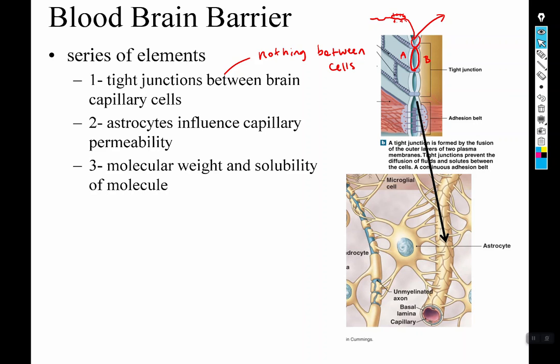Astrocytes also influence capillary permeability. So you can see that their little feet are wrapping around this capillary, and then the feet are joined to each other with tight junctions. And so astrocytes permit things to enter and exit the blood via a process called transcytosis, where if we have, here's an astrocyte foot, here is the cerebrospinal fluid, and here is blood. Actually, let's call this just neural tissue.